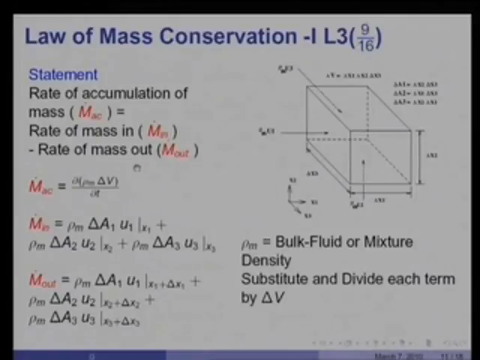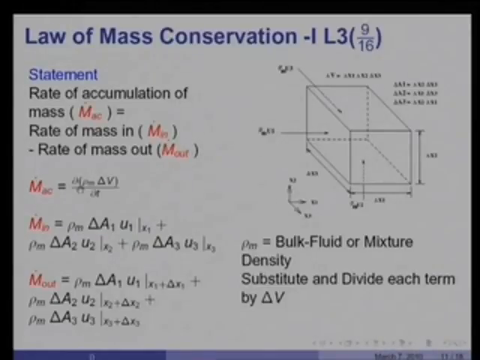So, how do we represent mathematically the rate of accumulation of mass, m dot AC? Remember, the mass of the element would be simply rho m multiplied by its volume. Rho m is the bulk fluid or mixture density multiplied by the volume, which is delta x1, delta x2, delta x3, divided by dt.